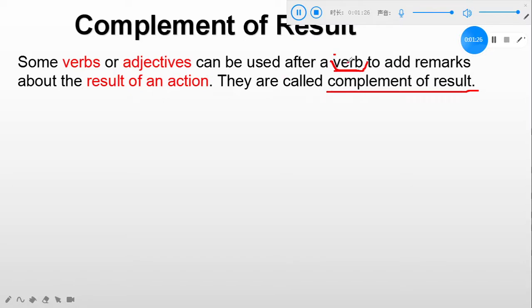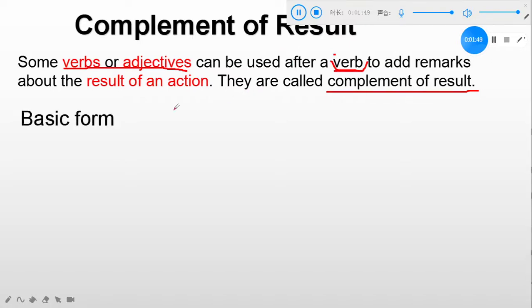And the first verb composes with the second verb or adjective to express a result of an action, which means they are the complement to the first verb. Okay, so that's the thing called complement of result.